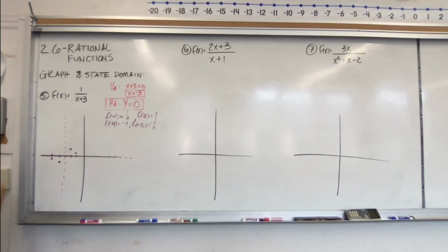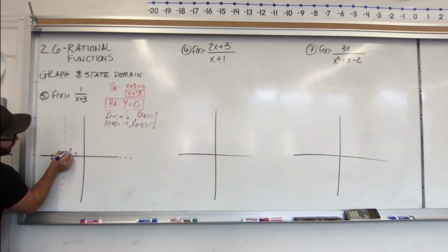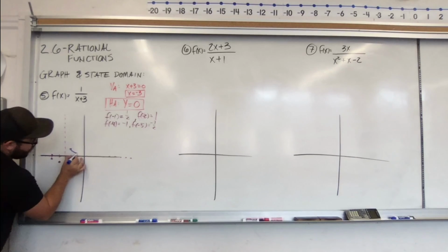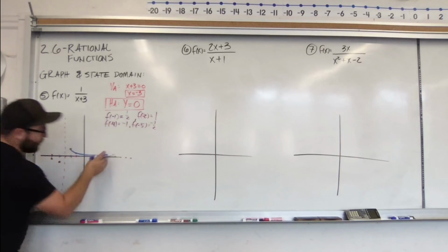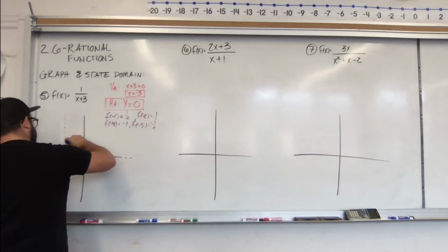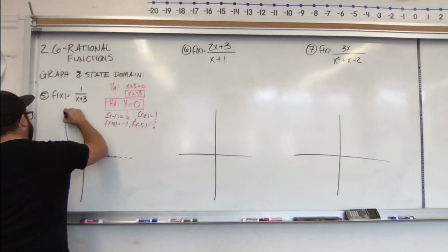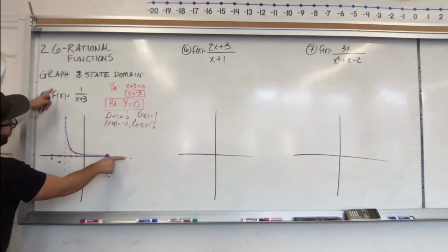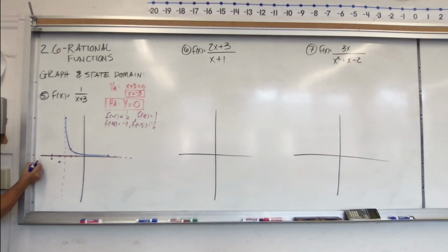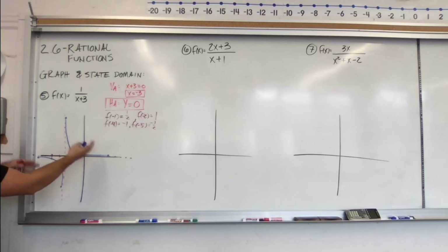So now with a couple points in those quadrants, we can finish it off. And we can not only connect the dots, but we know we're never actually going to cross over those asymptotes. We're just going to keep getting closer and closer as we go out to infinity. And then we got something similar happening down over here. Again, at no point are we crossing those asymptotes in this case.